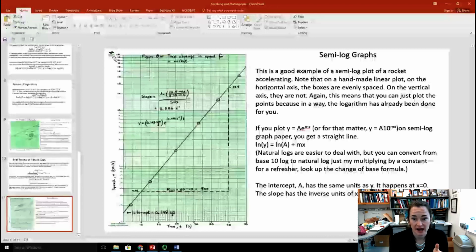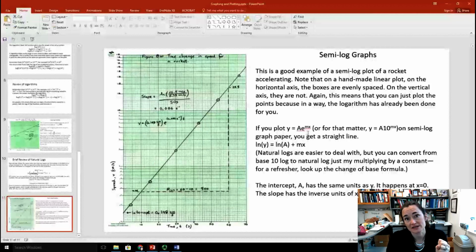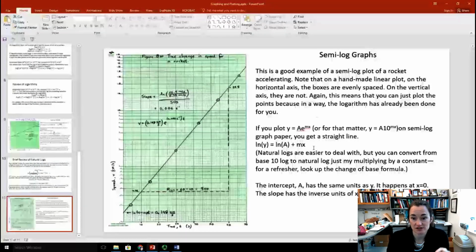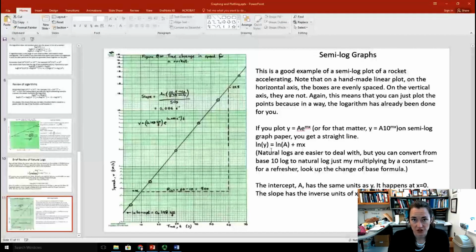Now when I take that out, I get the natural log of a plus the natural log of e raised to the power of mx. But the natural log of e to the mx is just mx. So when we take the natural log of both sides, ln of y is equal to ln of a plus mx.